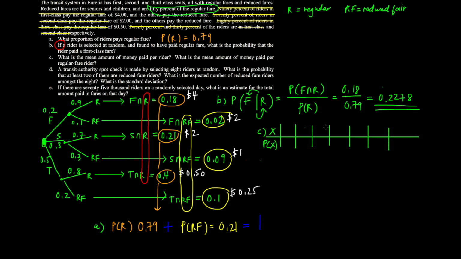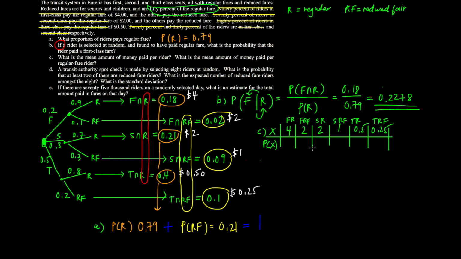We're going to pay either a fare of $4, $2, $1, 50 cents, and 25 cents, right? So this is first class regular fare, first class reduced fare, second class regular fare, second class reduced fare, third class regular fare, and third class reduced fare, right?